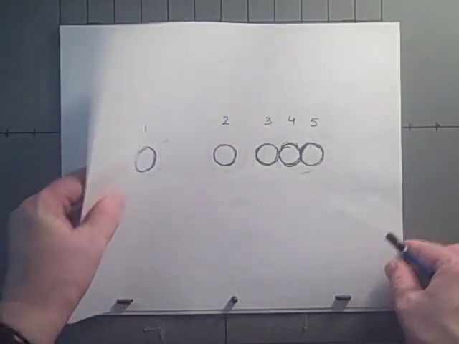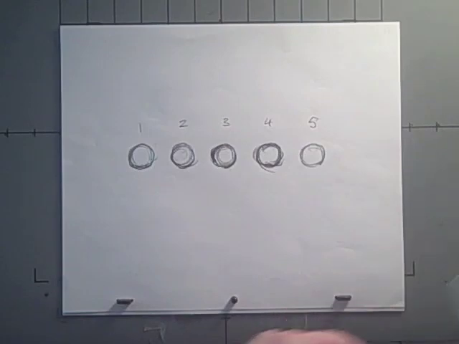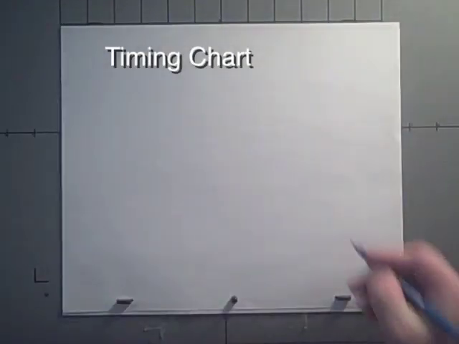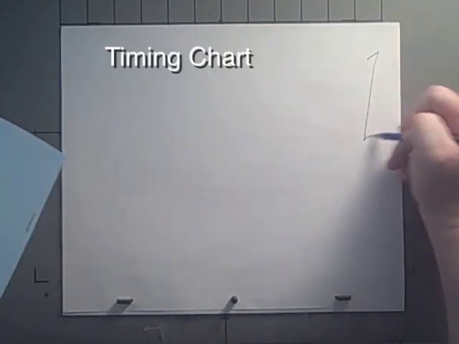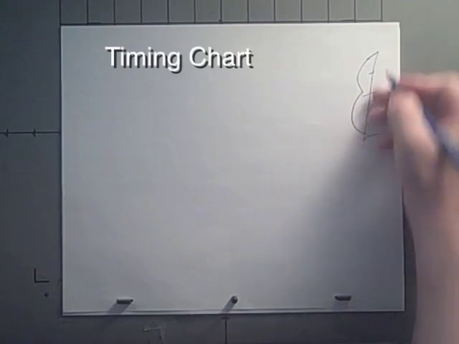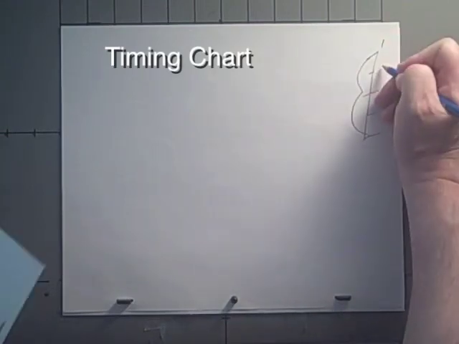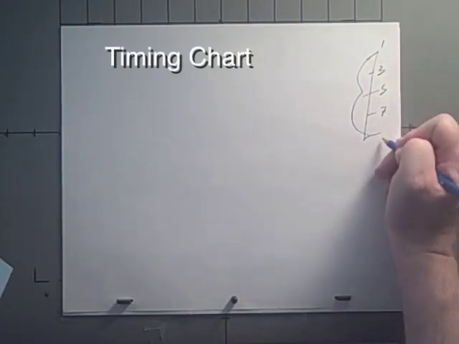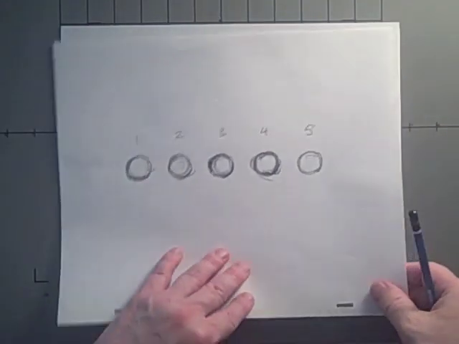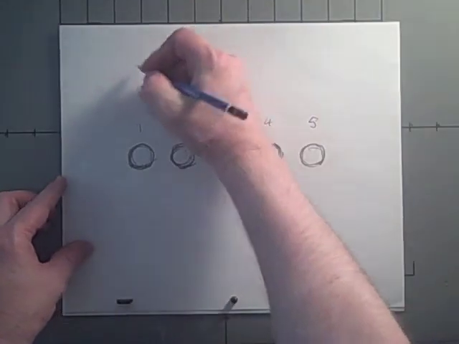So when we're animating, you'll see what's called a timing chart, which is usually up here in the corner. You'll see these tick marks and the drawing numbers 1, 3, 5, 7, 9. That's what's called a timing chart, and what that indicates is the spacing between the drawings.